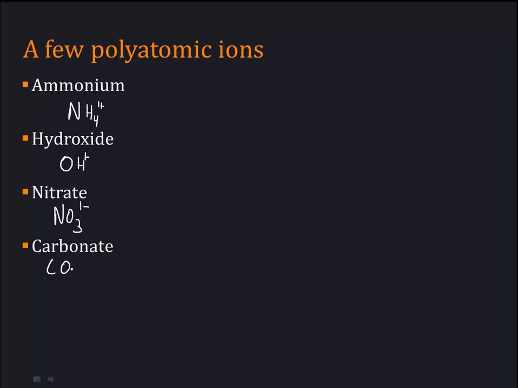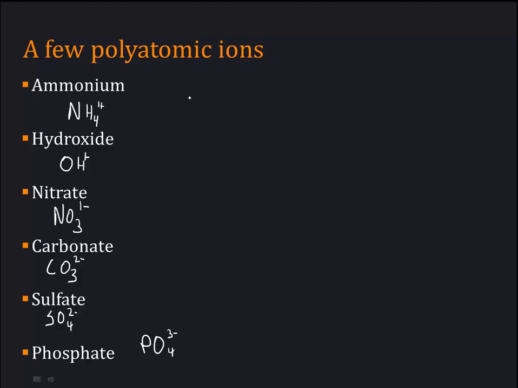Carbonate, CO3, and carbonate has a 2 minus charge. And then sulfate, SO4, with a 2 minus charge. And then finally, phosphate, which is PO4, and it has a 3 minus charge. Okay? So you treat each one of these things just like they're an ion.